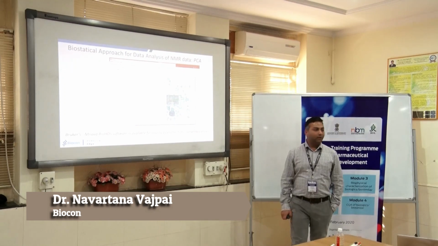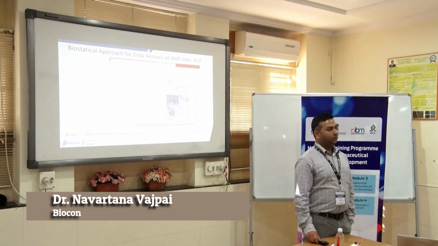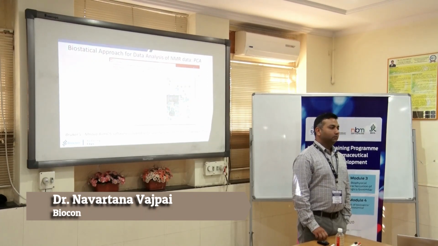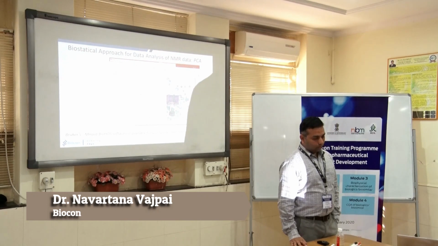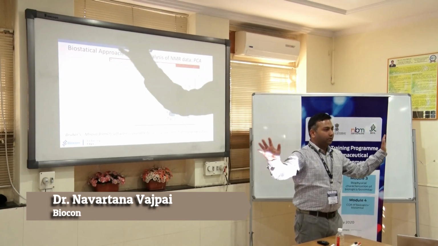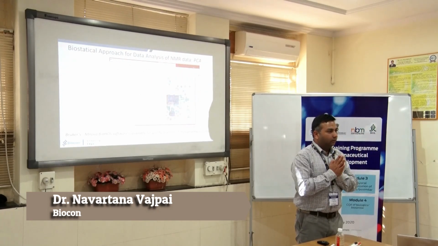In principal component analysis, how many of you know how to evaluate it? Anyone has any info? No? So what it does is, say you have multiple spectra and you want to compare them against each other.